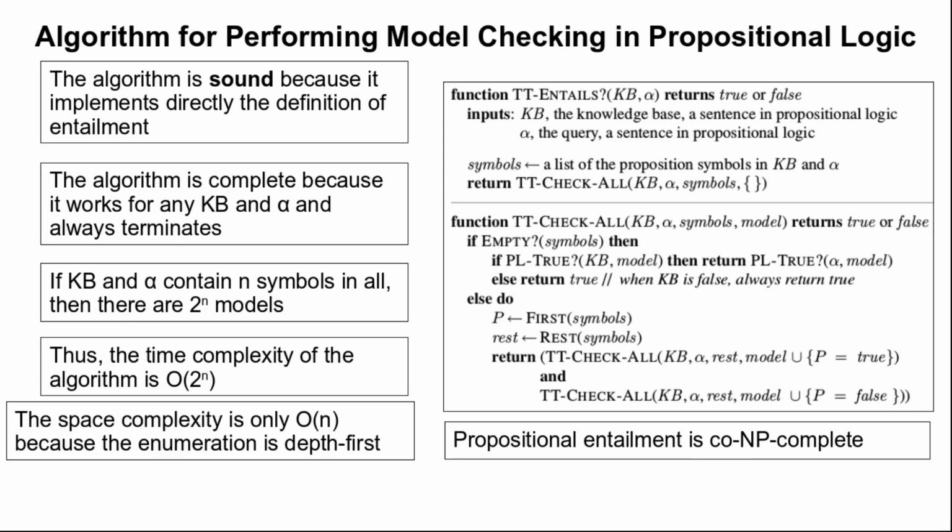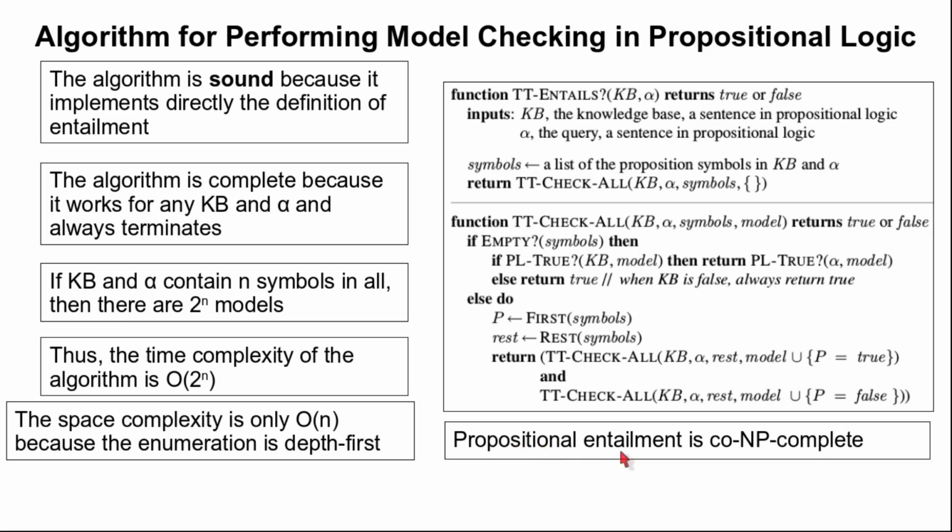So those are the NP problems, and a problem is in co-NP if the complement of the problem is in NP. And co-NP complete means a problem is co-NP complete if all the other problems in co-NP can be reduced to it in polynomial time. So you may have studied these things in detail in the algorithms class.